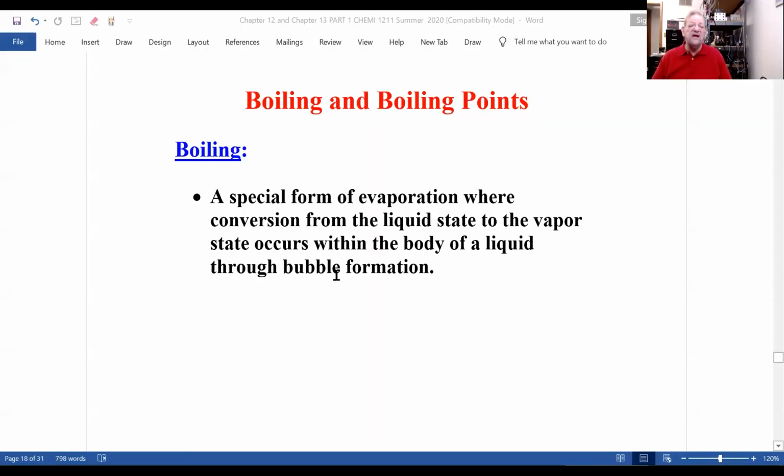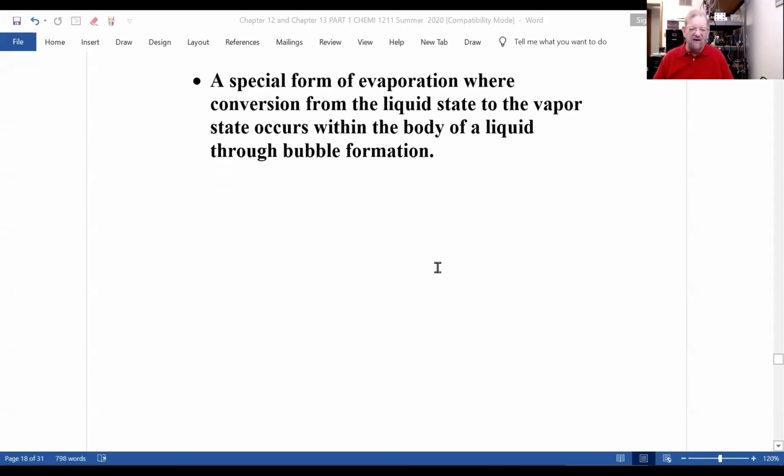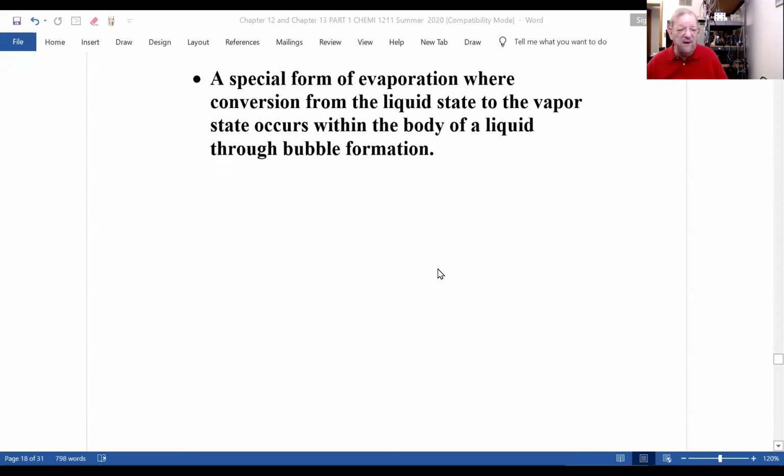What's boiling? It's a special form of evaporation, where you convert something that's liquid to vapor, which means a gas state, within the body of the liquid through bubble formation.